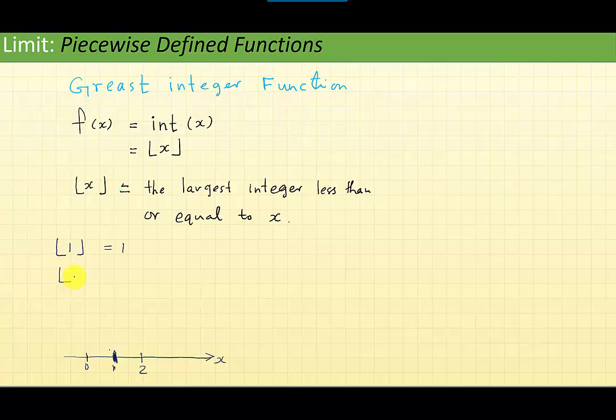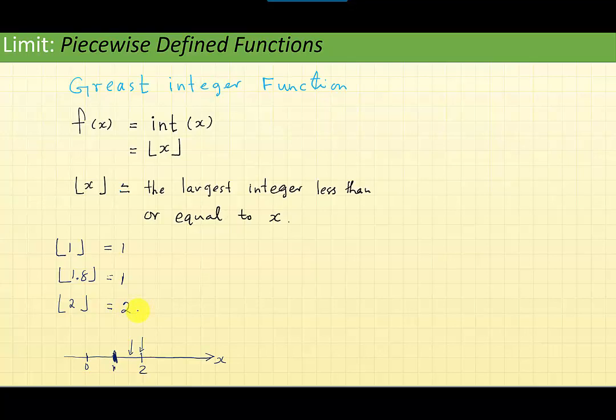And what is the largest integer of 1.8? So 1.8 is somewhere over here. So the largest integer less than or equal to that is still 1. Now what is the greatest integer of 2? So that's over here. So the largest integer that is less than or equal to 2 is 2.